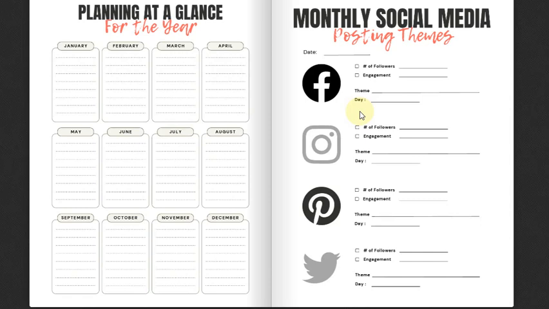You want to write that information down, and then fill it out for the month, and maybe the next month you fill it out again, and then you come back and compare last month to the current month, and hopefully you are growing when it comes to social media.